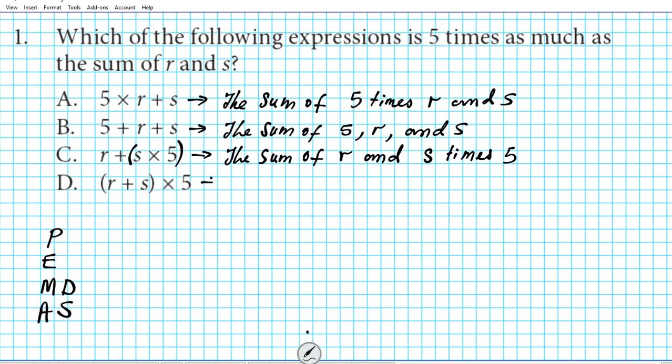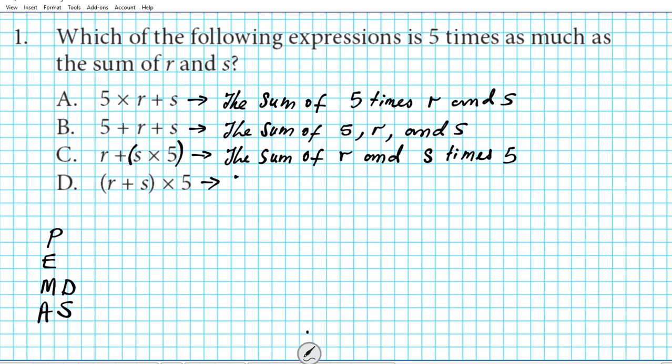And then the last one, we have r plus s grouped together in parentheses times 5. Now, had we not had the parentheses, multiplication would be carried out before the addition. But now that we have parentheses, you're at the highest point in the order of operations. So in this situation, you're looking at the sum of r and s times 5.